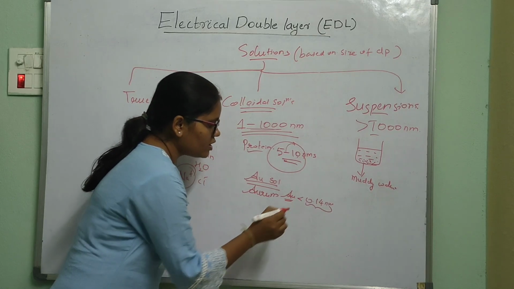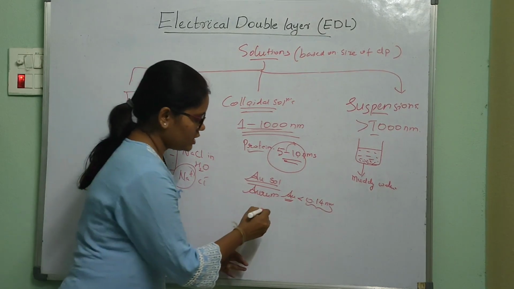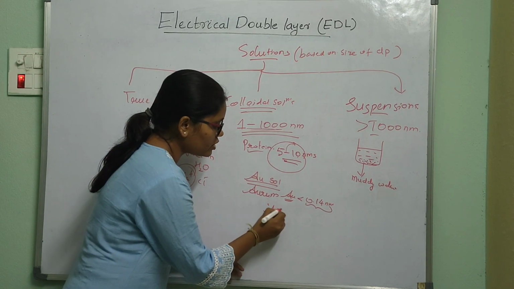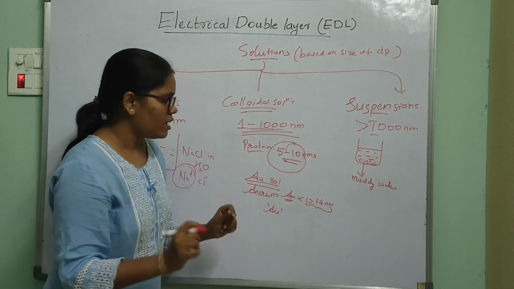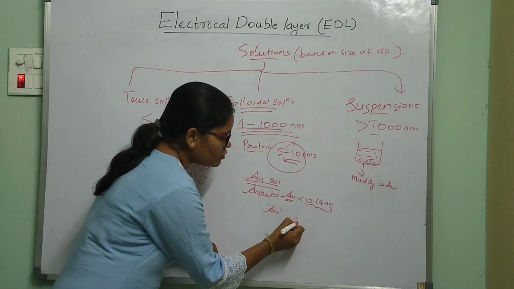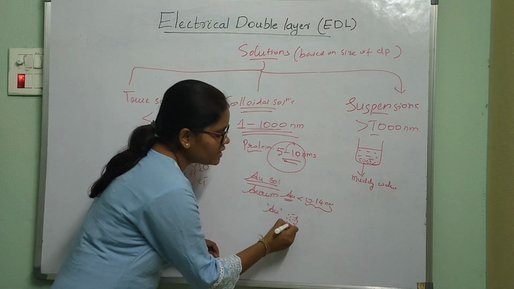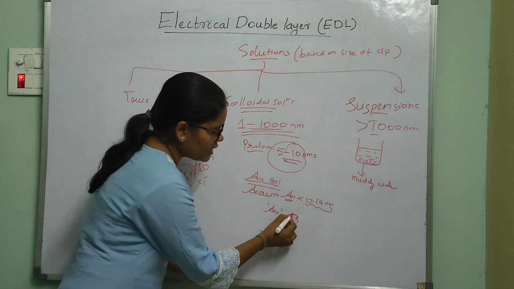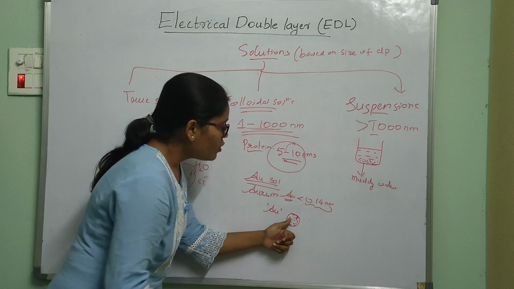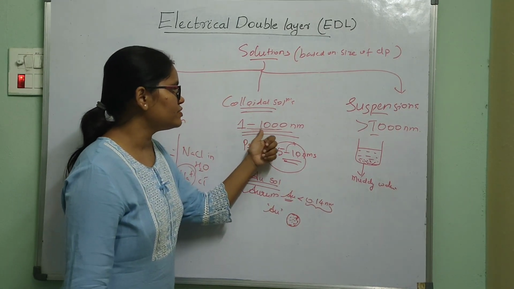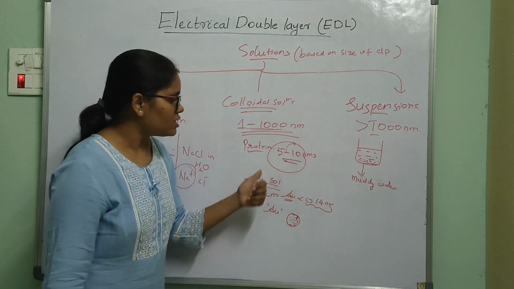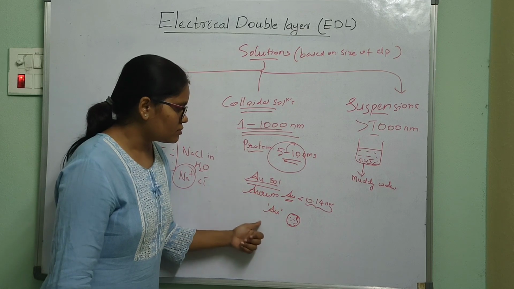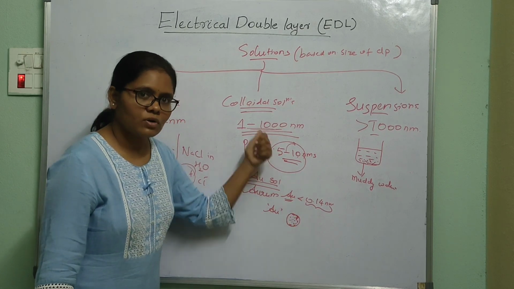Gold in colloidal solution does not exist as individual atoms, but a large number of gold atoms aggregate to form a particle whose size ranges between 1 to 1000 nanometers. Therefore, gold can form a colloidal solution.